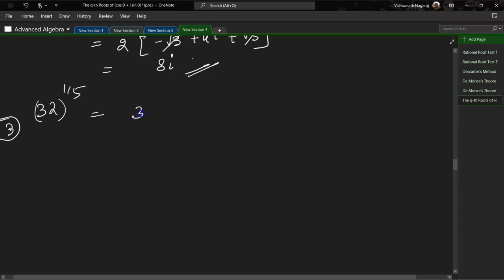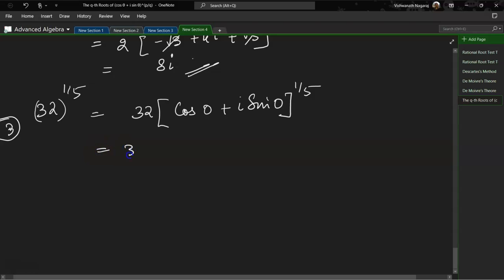Now, 32 can be written as 32 times 1, right? So 1 would be cos 0 plus I sine 0, to the power 1 by 5.